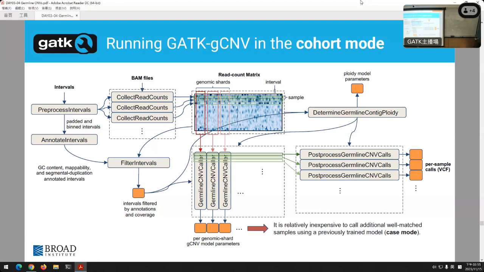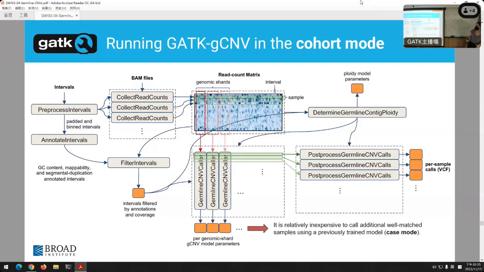Something I haven't mentioned yet is that GCNV actually can be run in two modes. What we were just talking about is called cohort mode, where the pipeline is run and trained on a group of samples. But there's another mode called case mode, where we can run GCNV on just one sample at a time.